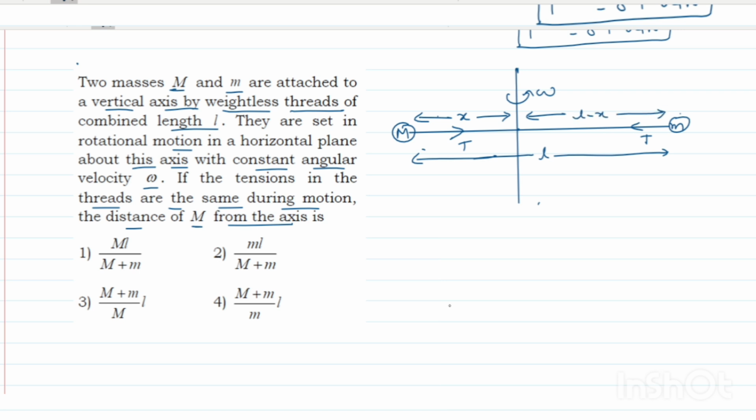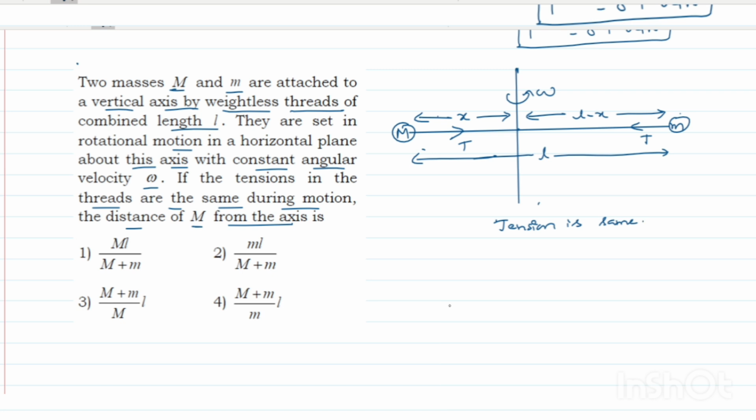Now the tension is given as the same in both cases. So the tension is the same in the string.